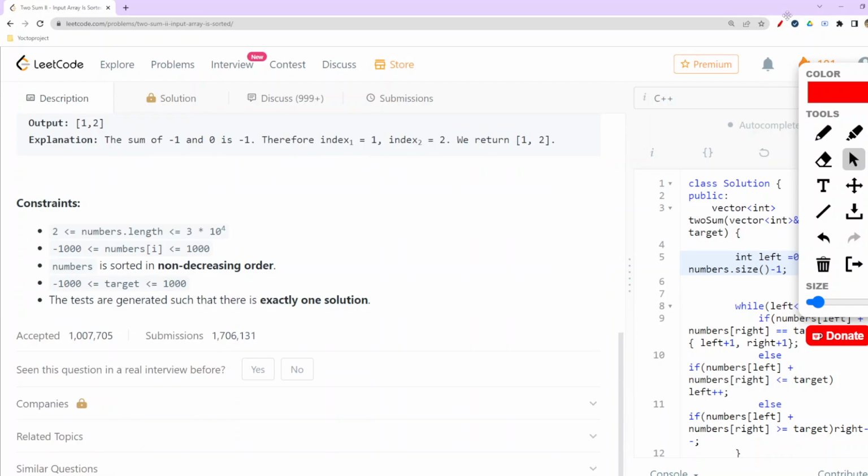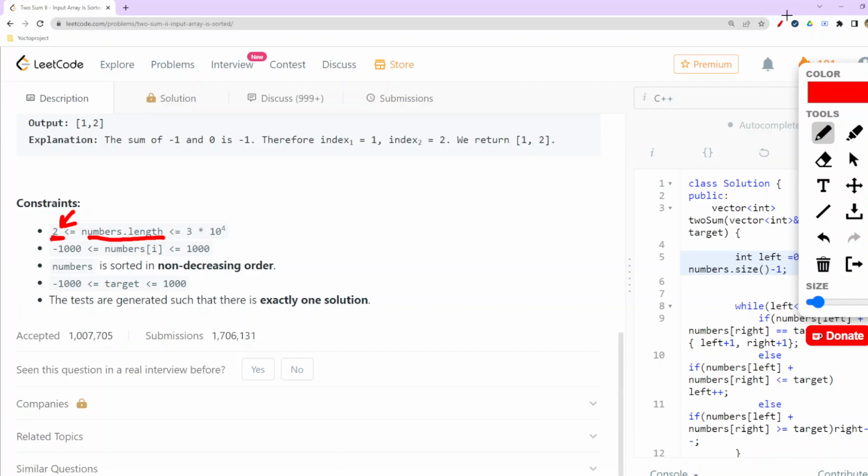Now let us see the constraints of this particular question. The constraint here is that numbers.length for the array which is being given to us would have a minimum of 2 elements. So this means we don't need to check the edge case where numbers.length is less than 2, right?